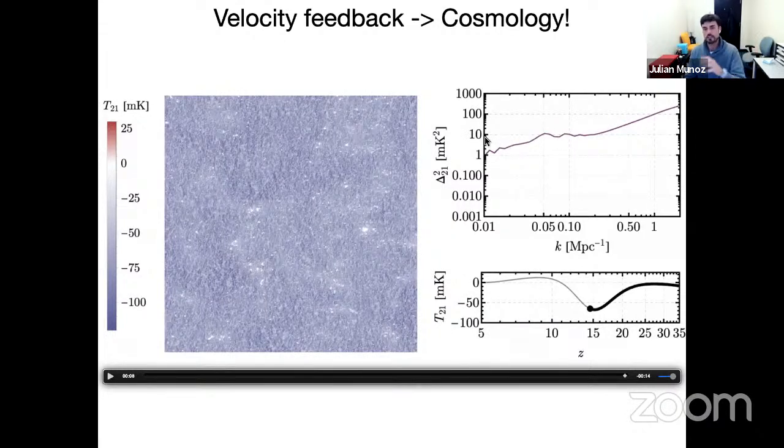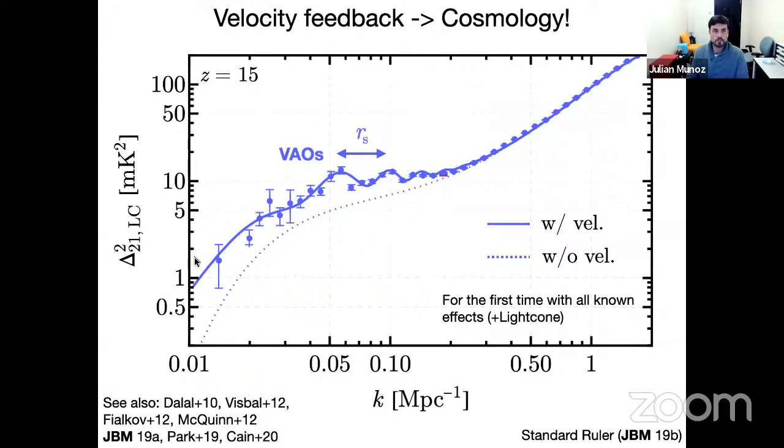If I zoom in into this regime over here, you can see here the power spectrum versus wave number, and you see order unity wiggles in the 21 centimeter signal. And this is produced by these relative velocities, these streaming velocities that modulate the amount of galaxies formed in the universe. So instead of being sourced by densities like BAOs, they're velocity-induced acoustic oscillations given by these velocities.